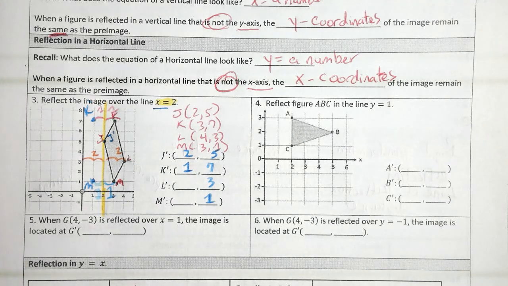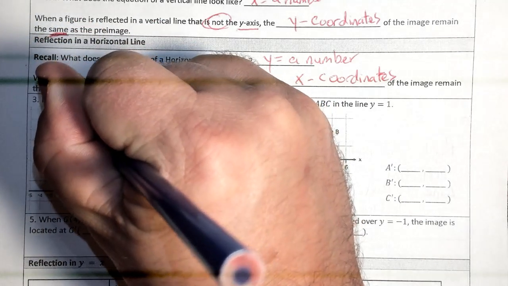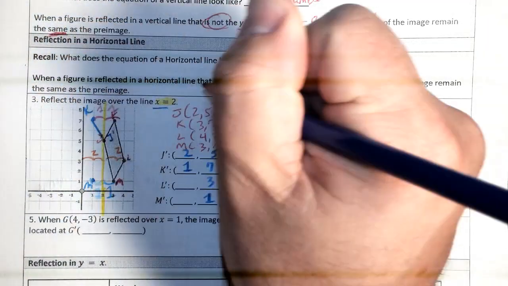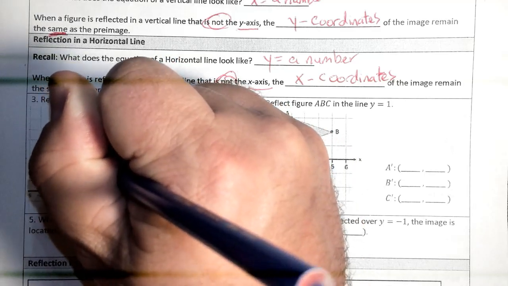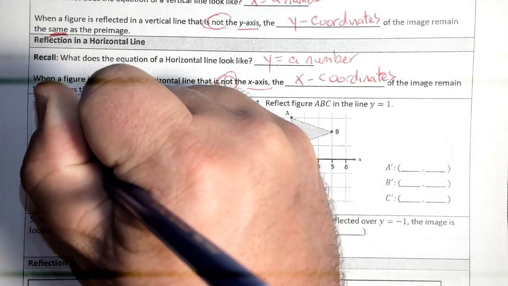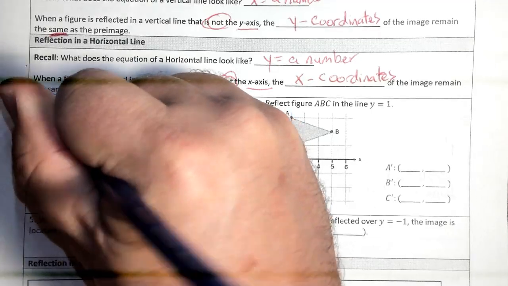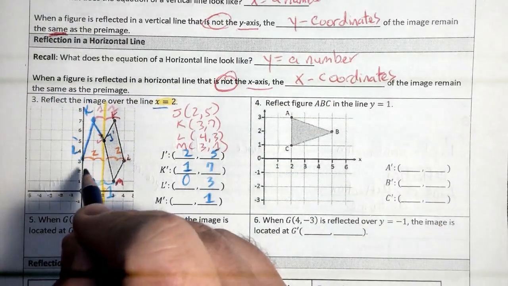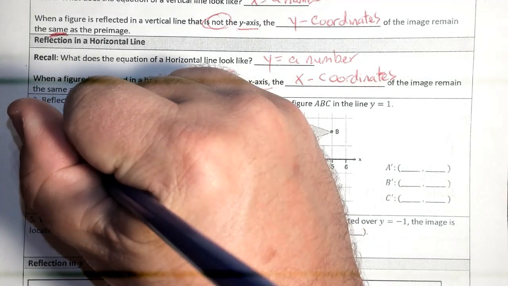If you're further back, you're further away. It's going to be the same as your reflection. Here, this is L prime, and L prime is 0, 3 because it's 2 away. Sorry, I got ahead of myself. Then we've already made M.